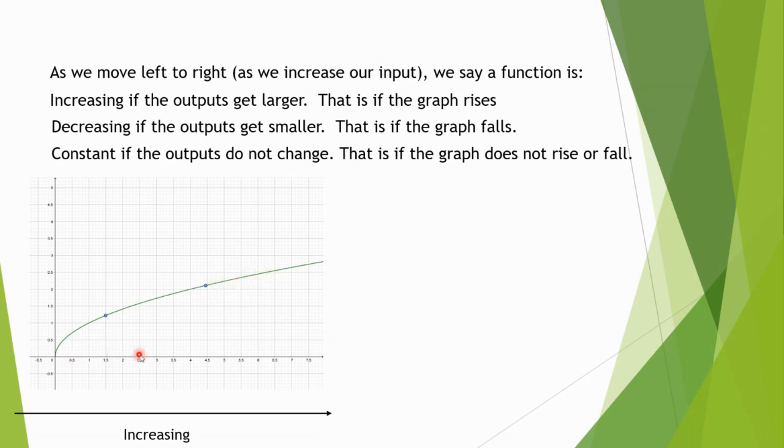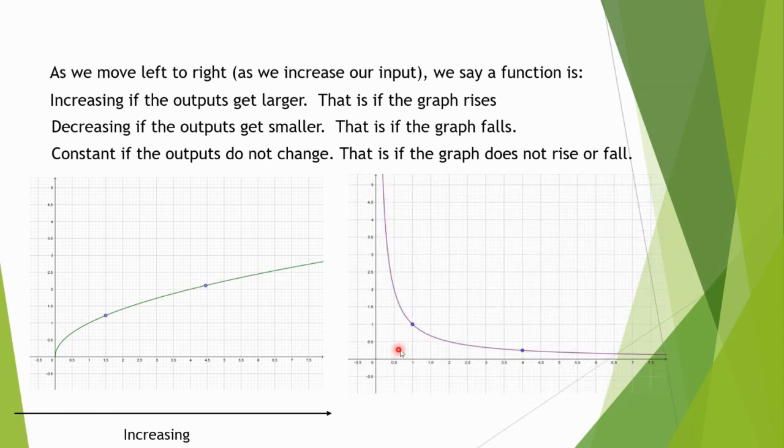Again, as you move to the right, you can see walking along the graph, you're going up. Your height is increasing. Whereas if you look at this one, as you walk to the right along the graph, here you can see the graph is falling.